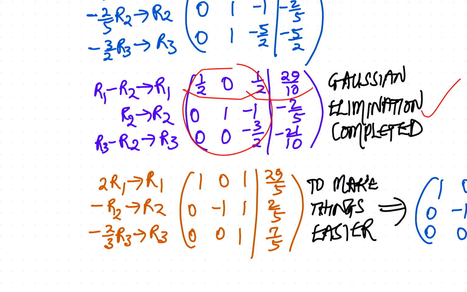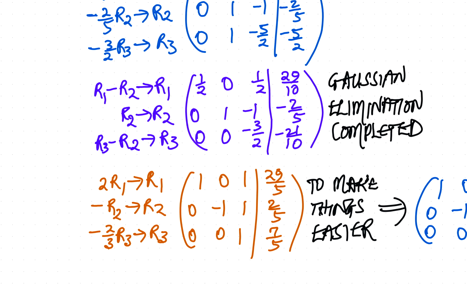Then, of course, this minus 1, I want to get it to be positive. It doesn't have to be, because from here alone, we can read it, we can just expand things and get the solutions. But removing the fractions makes things easier. So the old minus of the old row 2 is giving us the new row 2. Then minus 2 over 3 because of this guy. Minus 3 over 2 over the old row 3 gives us the new row 3. So let's do that one after the other.